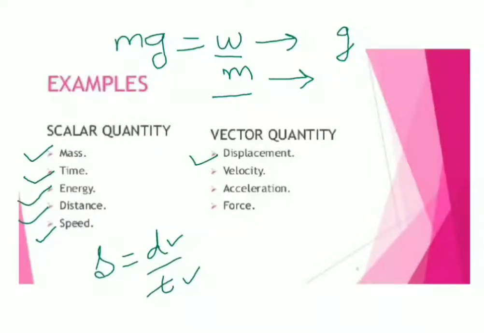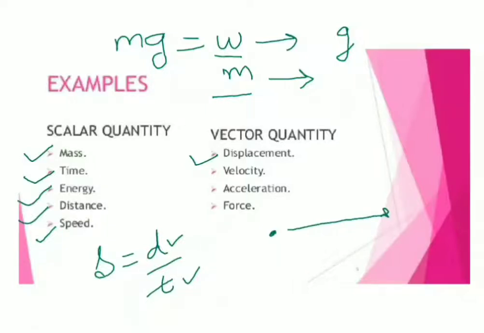Now try to understand the meaning or difference between distance and displacement. For example, we have a body over here and this body will start moving in this direction. The minimum distance covered by this body we can represent by using a straight line.